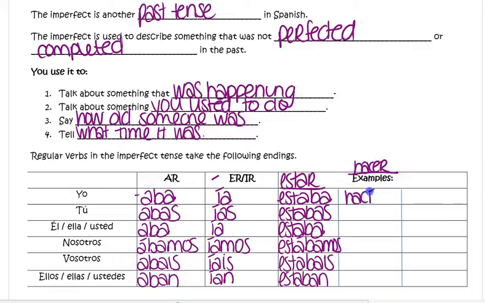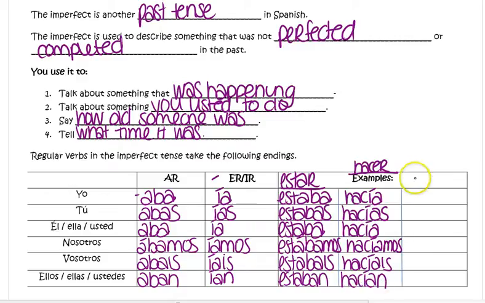We would have hacía, hacías, hacía, hacíamos, hacíais, and hacían.